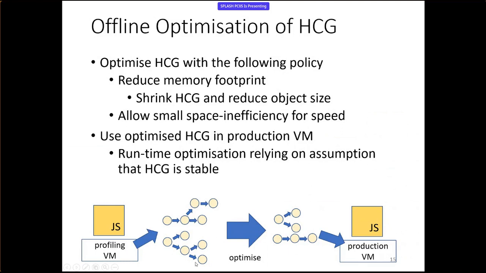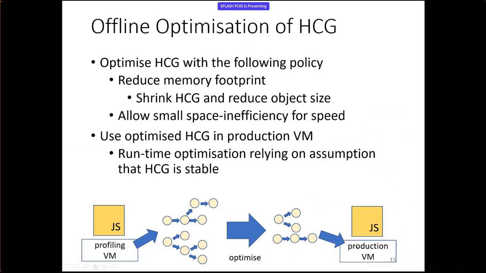And then we optimize this hidden class graph with this policy. The policy is that we reduce memory footprint by shrinking the hidden class graph and by reducing the size of each object. But we allow some space inefficiency for speed.